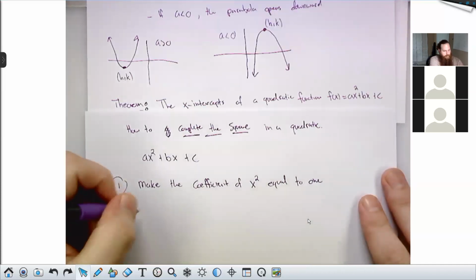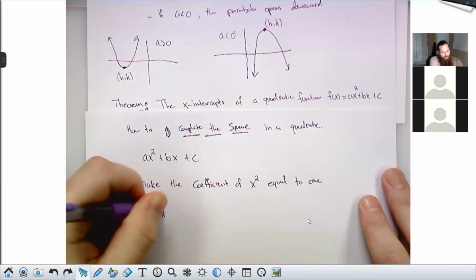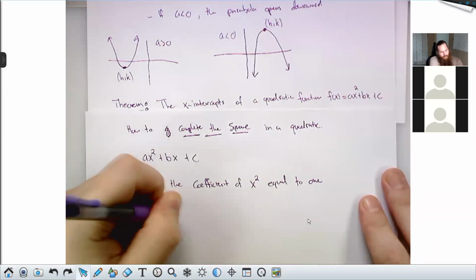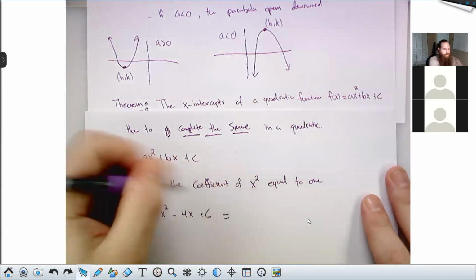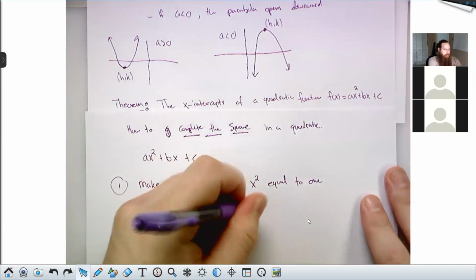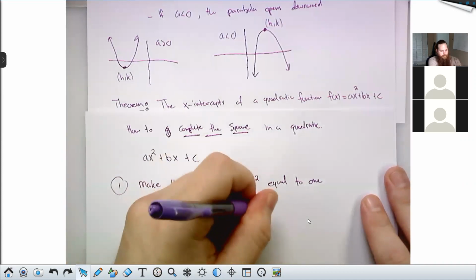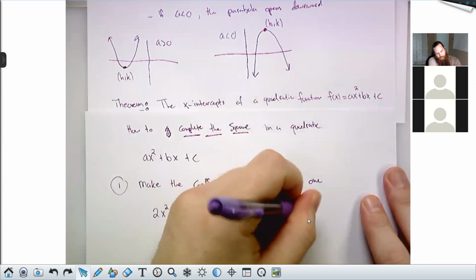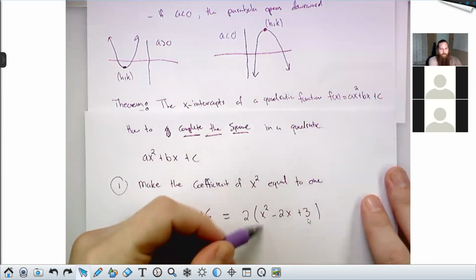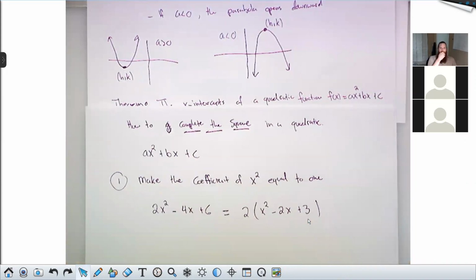So, for example, if I had something like 2x squared minus 4x plus 6, I would factor out the 2. And now here, the coefficient of x squared is 1.